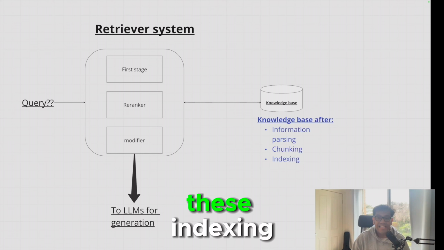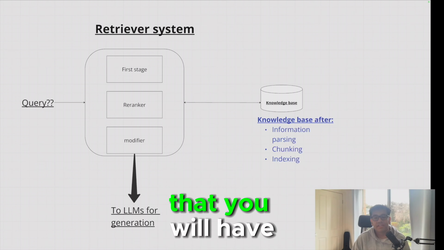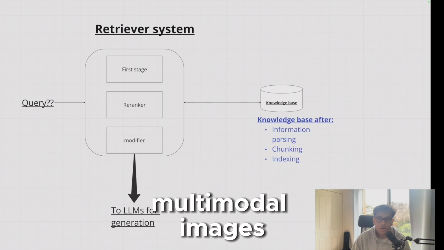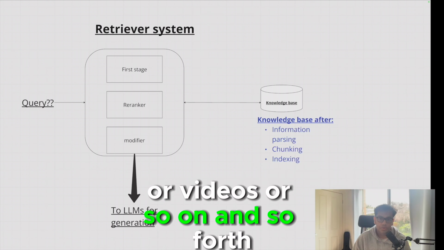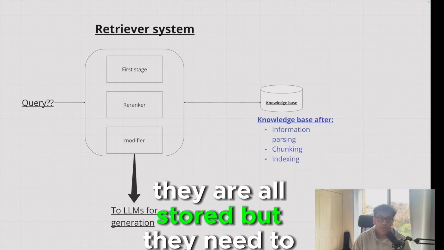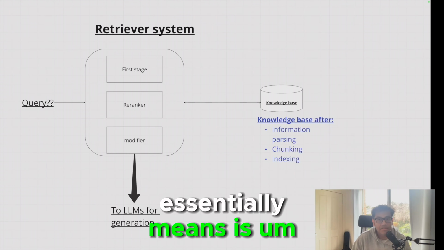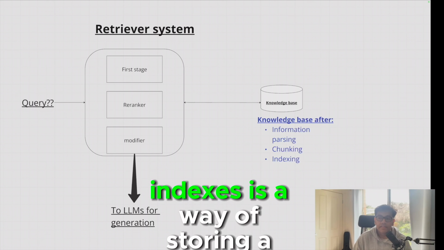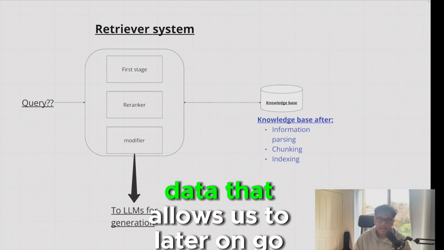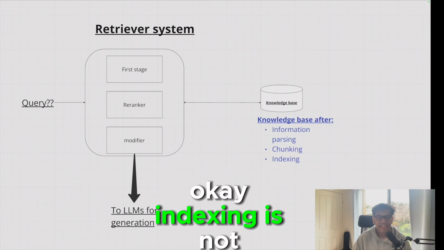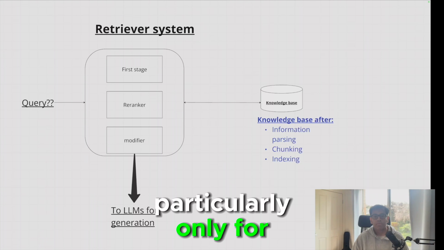And finally is indexing. Now, all of the information that you will have, whether it might be text or some other multimodal images or videos and so on, is all stored, but it needs to be indexed and stored. What indexed and stored essentially means is that an index is a way of storing data that allows us to later go and retrieve it in a very, very efficient way. Indexing is not only from the computer science space.